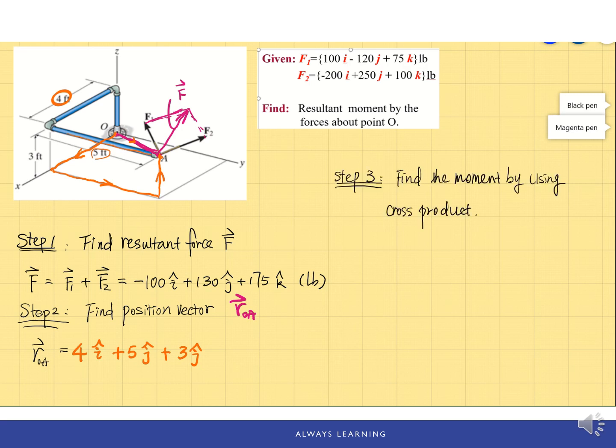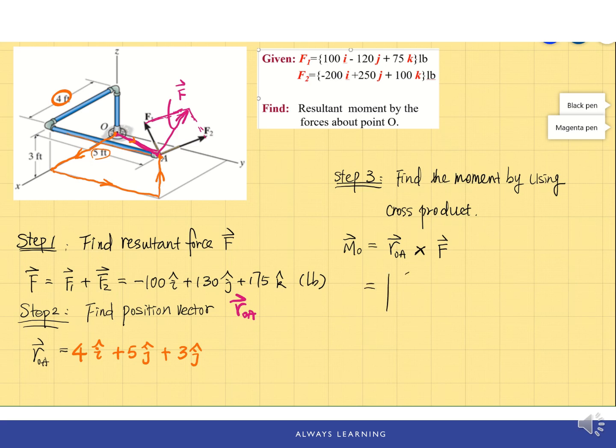And the last step will be to find the moment by using cross products. So for 3D problems, it's usually easier to use cross product than scalar formulation. So we'll have moment about point O equals to, again, position vector comes first, ROA cross force vector.